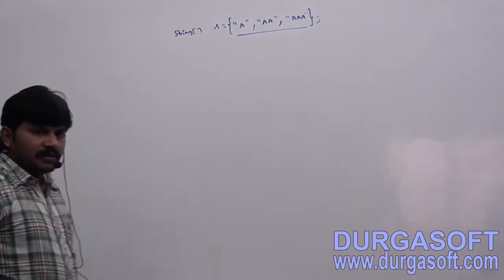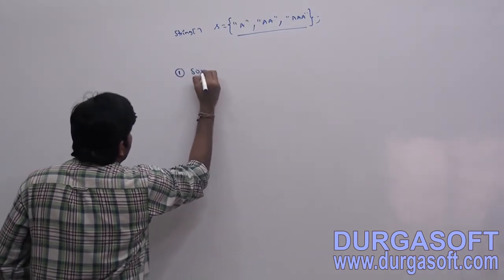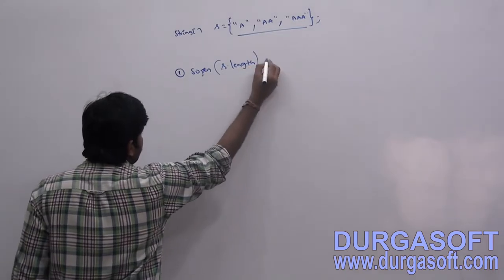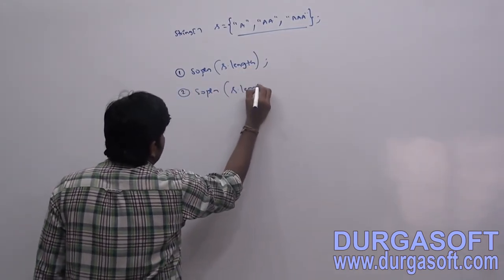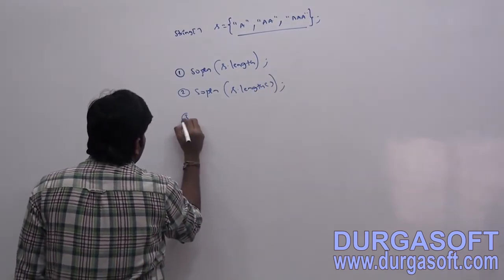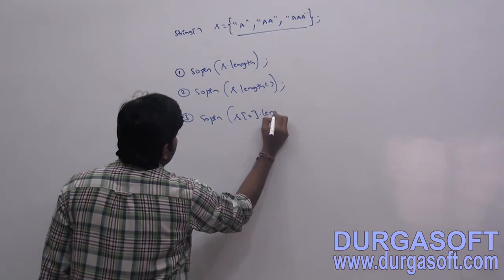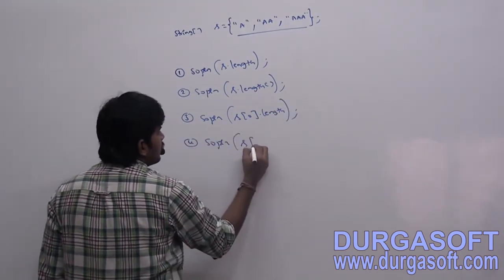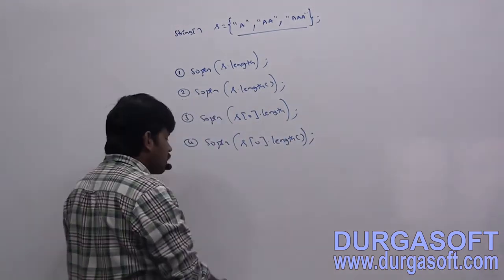Now observe: I am taking System.out.println(s.length), then s.length(), then s[0].length, and s[0].length().